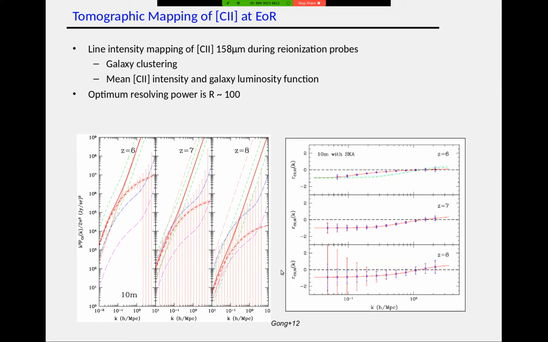And so you get this really nice crossing of zero. On the y-axis is the signal you get from ionized carbon, and on the x-axis is the distance scale in megaparsecs. At very large scales, galaxies don't form where there is neutral hydrogen, or I guess the way to say it is neutral hydrogen doesn't exist where galaxies form.